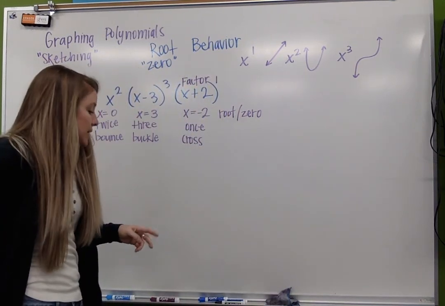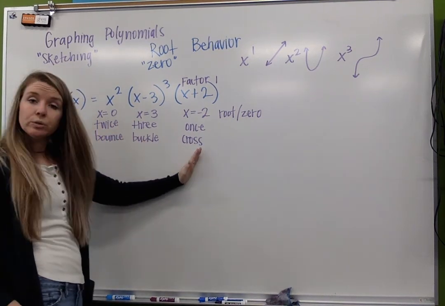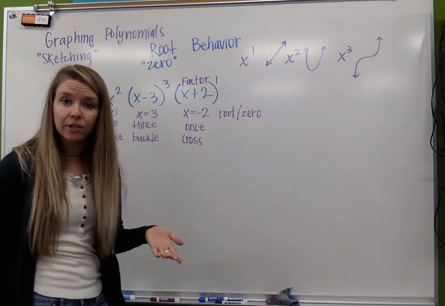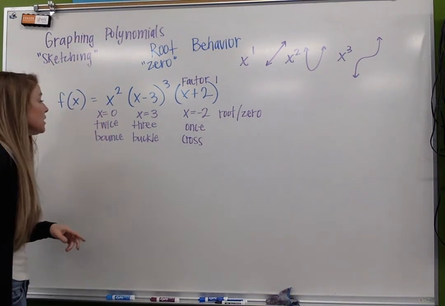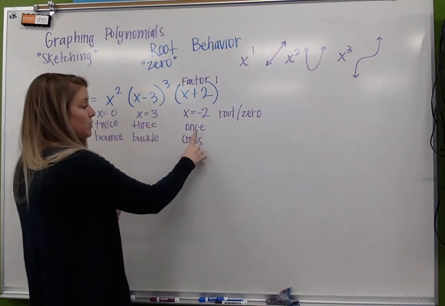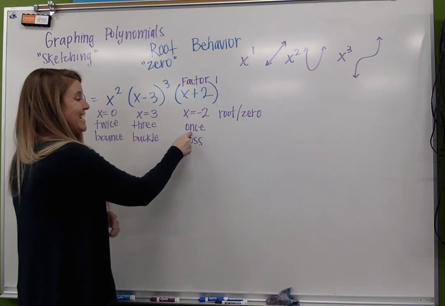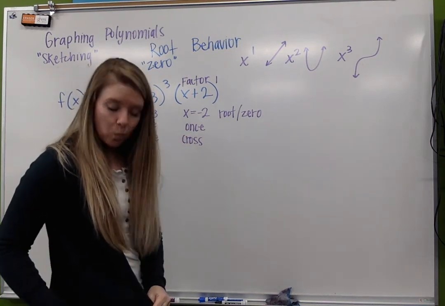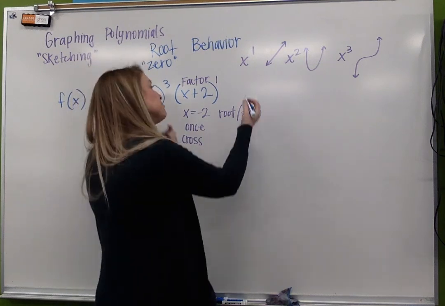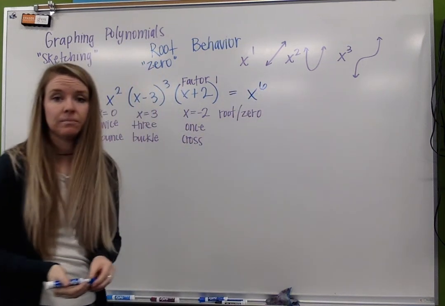All right. Second thing that we need to look at, now that we know how each root is acting on the graph, we need to find that end behavior. So if we take a look, if this root happens twice, this one happens 3 times, and this one happens once, I have 1, 2, 3, 4, 5, 6 answers, which means that my polynomial, at its minimum, is going to be an x to the 6th.